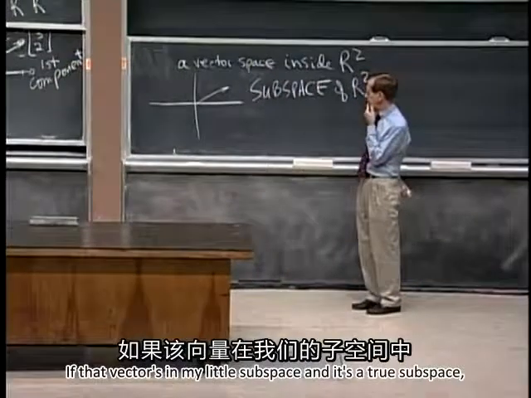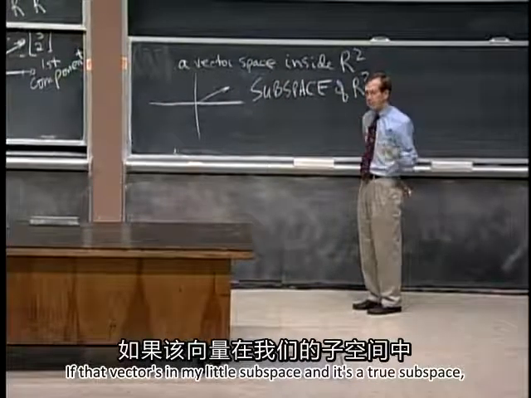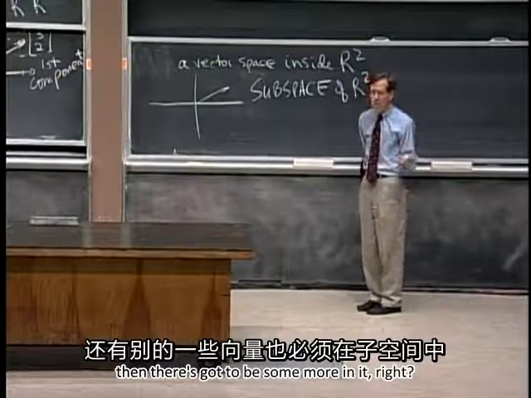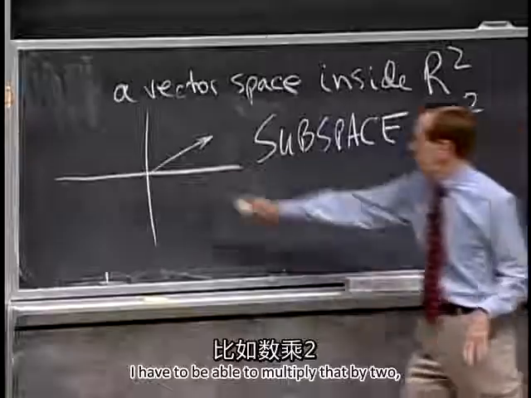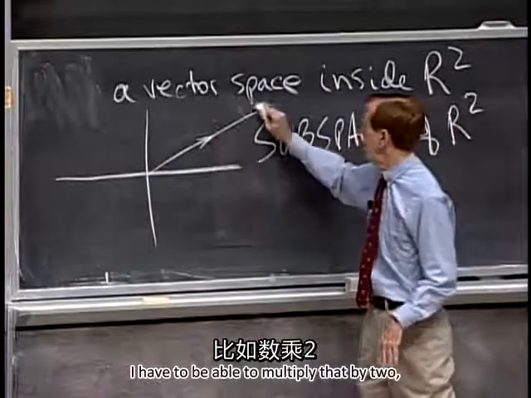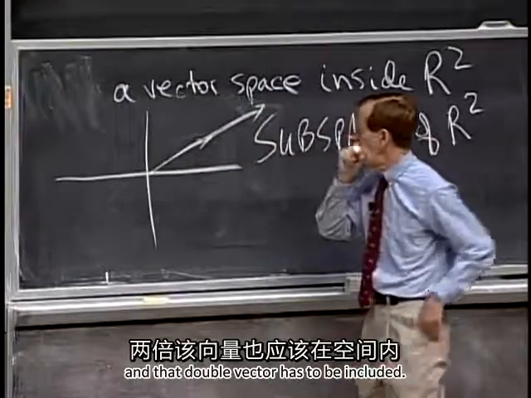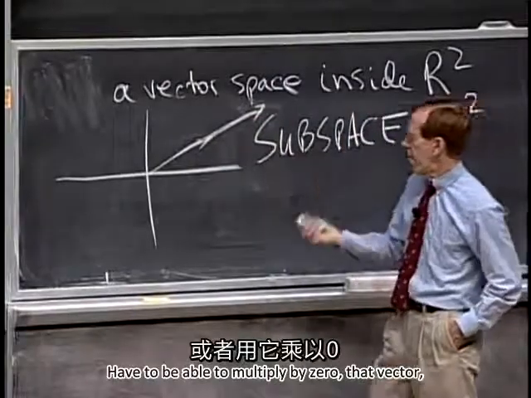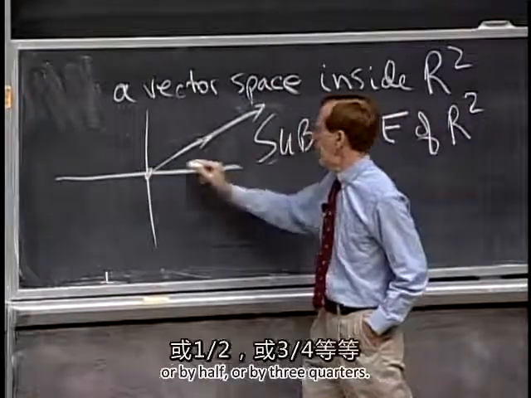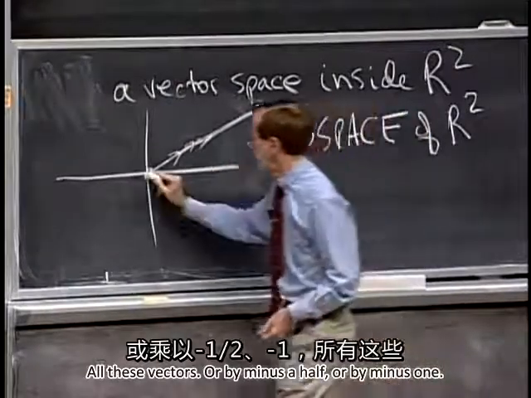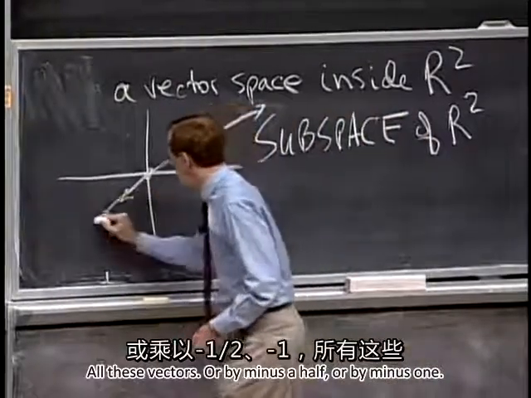If that vector is in my little subspace, and it's a true subspace, then there's got to be some more in it, right? I have to be able to multiply that by 2, and that double vector has to be included. I have to be able to multiply that vector by 0, or by 1/2, or by 3/4, or by -1/2, or by -1.